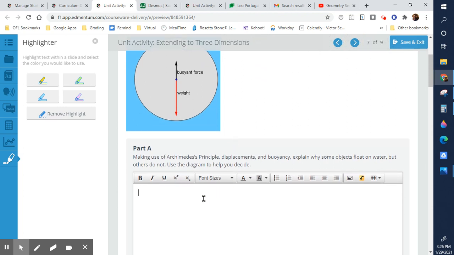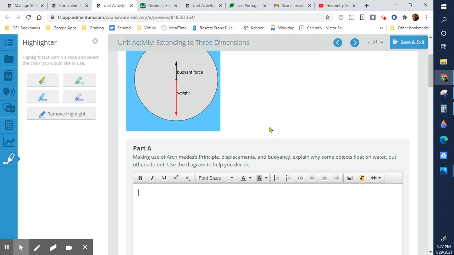So now we're going to be talking about displacement. When we talk about this buoyancy force, buoyancy is basically this force of water. Make sure Archimedes' principle of displacement and buoyancy explains why some objects float.